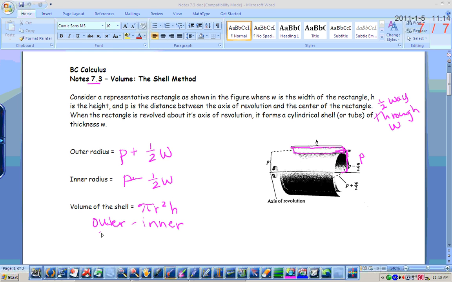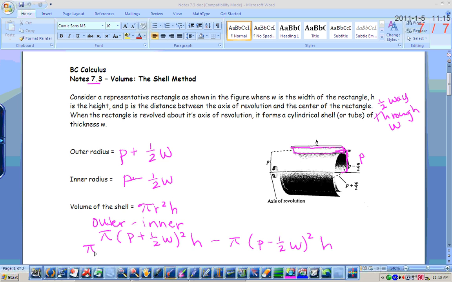The outer volume is going to be pi, and then the radius is P plus 1/2 W, squared, times h. And then the volume of the hole is pi r squared, but the radius of the hole is P minus 1/2 W, the quantity squared, multiplied times h.